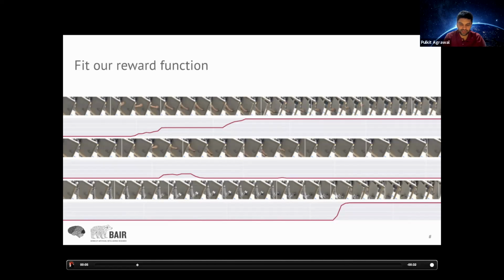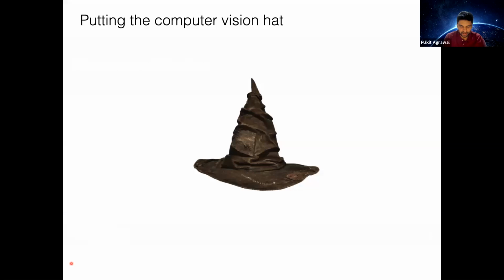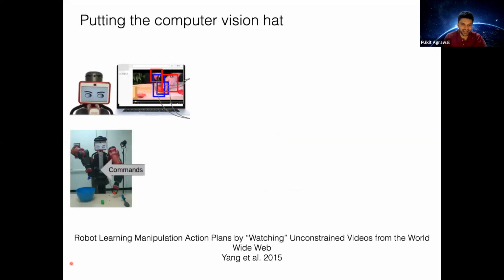But before we dive into a completely learning-based method, it's worthwhile discussing some alternatives to infer the intent. And to do this, let's put on a computer vision hat, right? And consider this particular scenario where we are trying to cut vegetables in the kitchen. So I have a YouTube video of someone cutting the tomato over here. Now we have good object detectors.